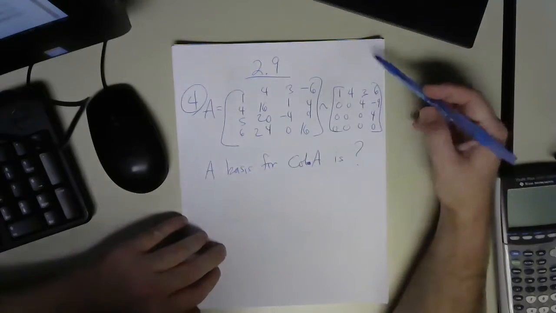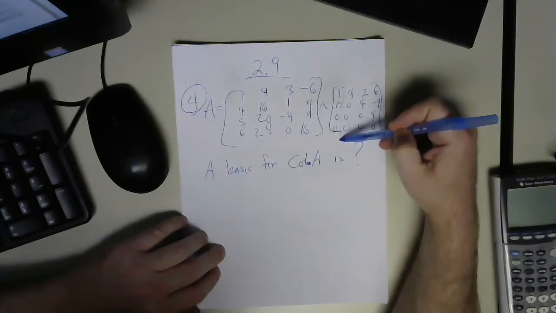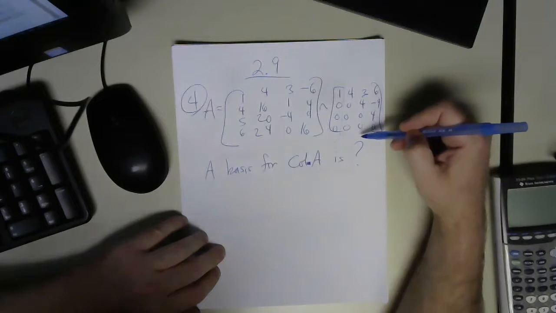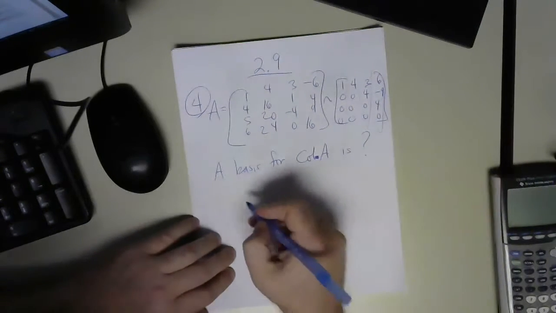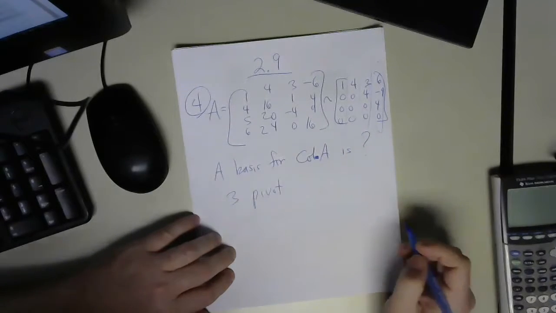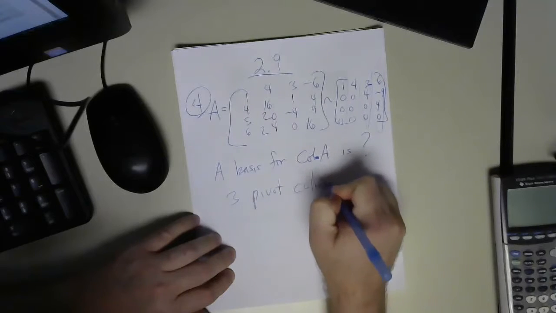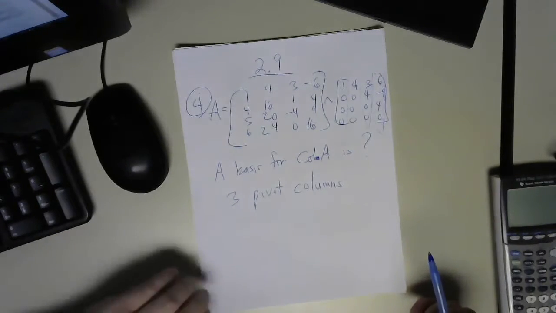So in other words, notice that in echelon form, the first column is a pivot column. So is column number 3, and so is column number 4. So there are 3 pivot columns in the echelon form of the matrix. That gives us the dimension of the original column space of the matrix. You just kind of have to use that fact.